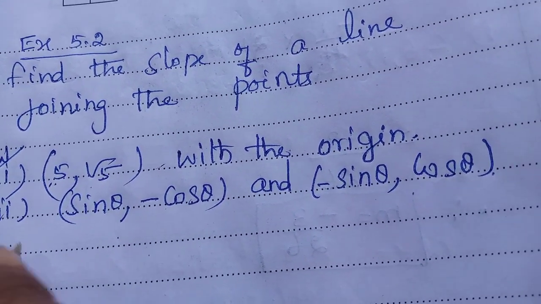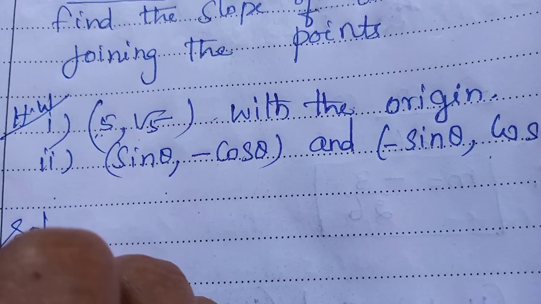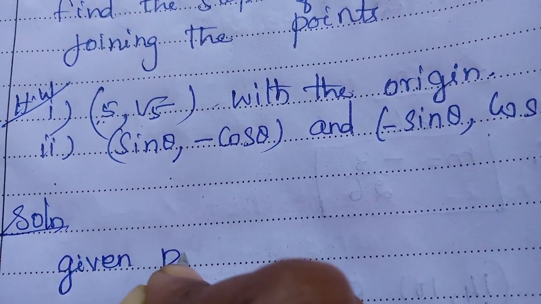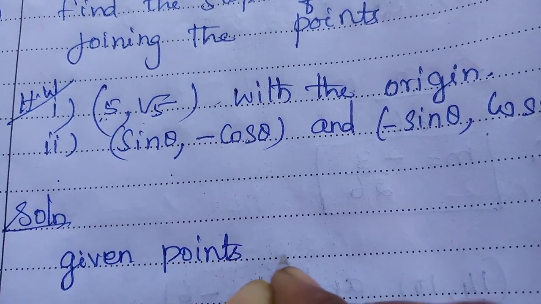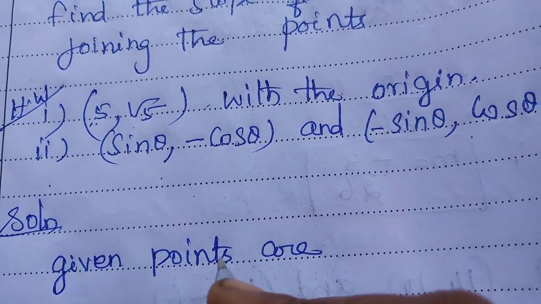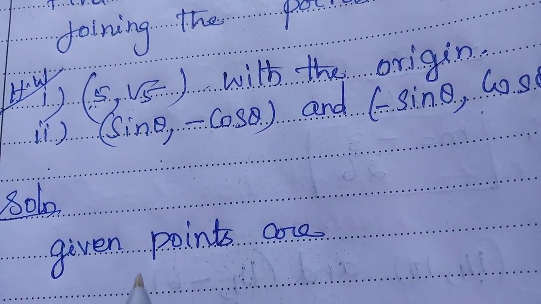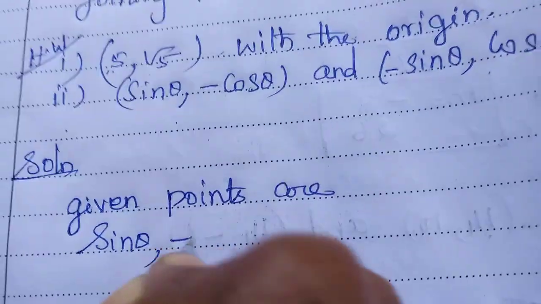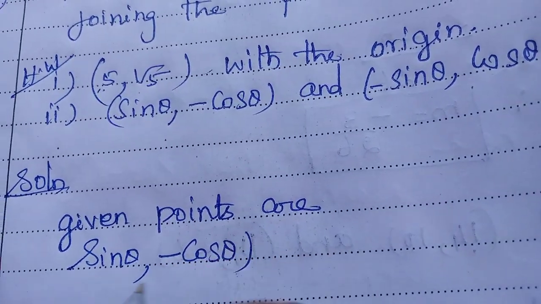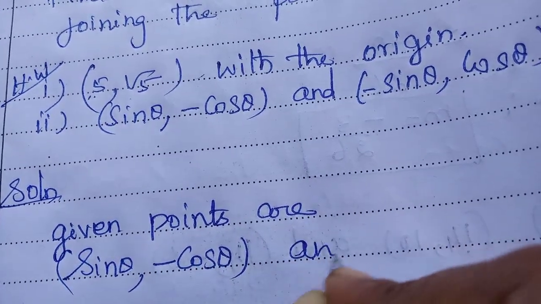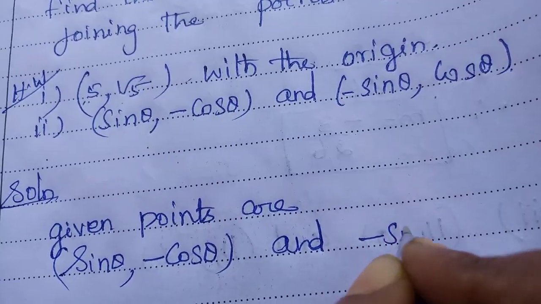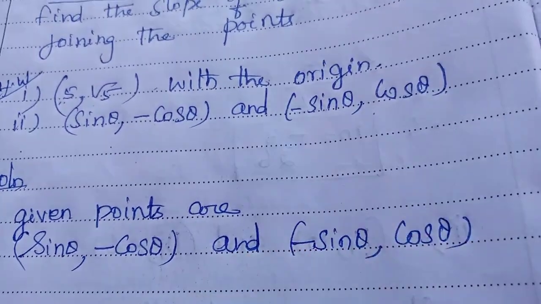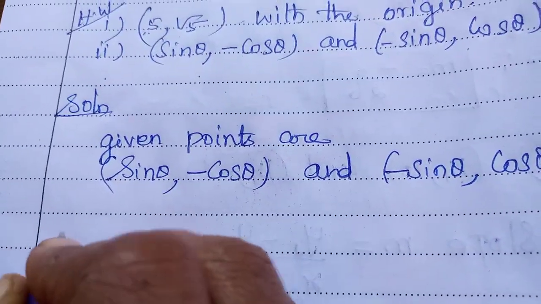Okay. Given points are, what are the given points? Sin theta comma minus cos theta and minus sin theta comma cos theta. What is the slope formula?